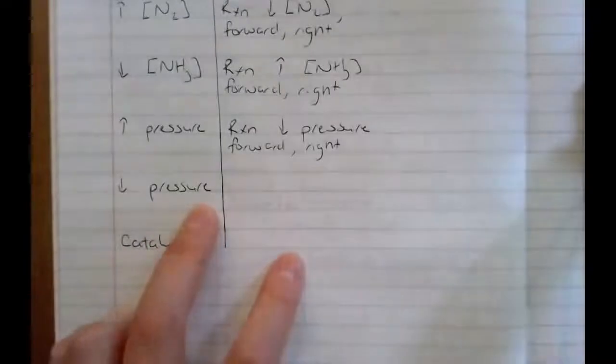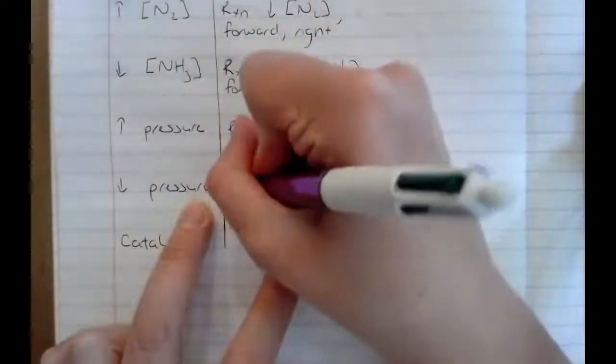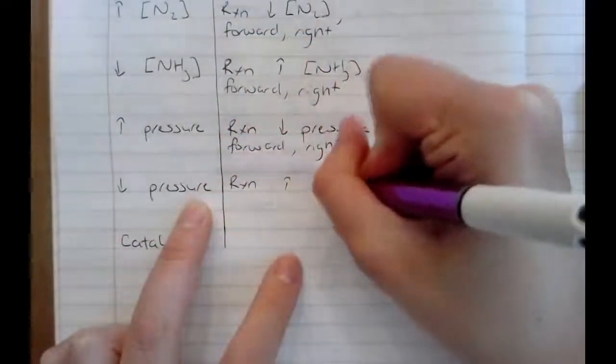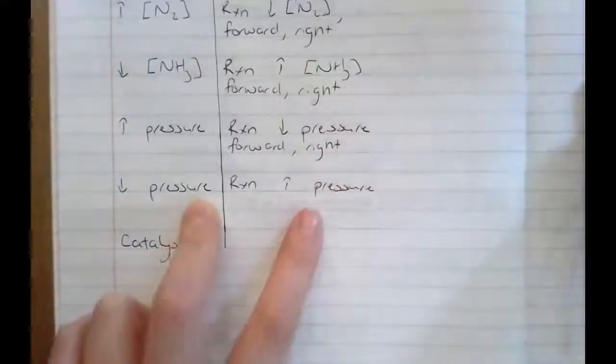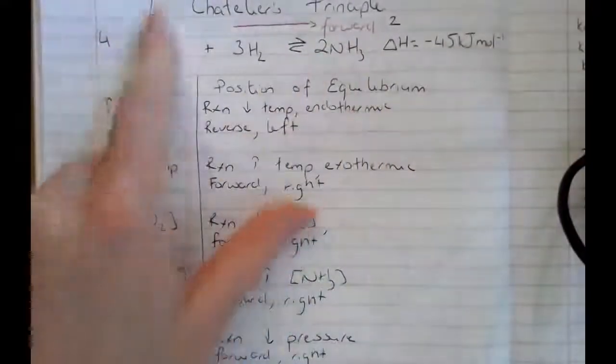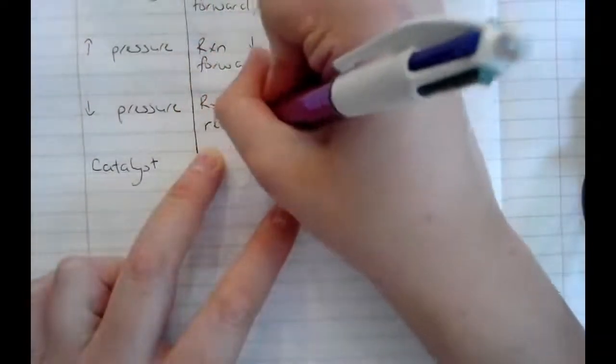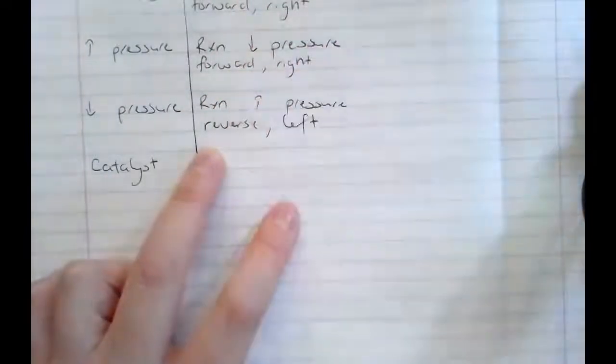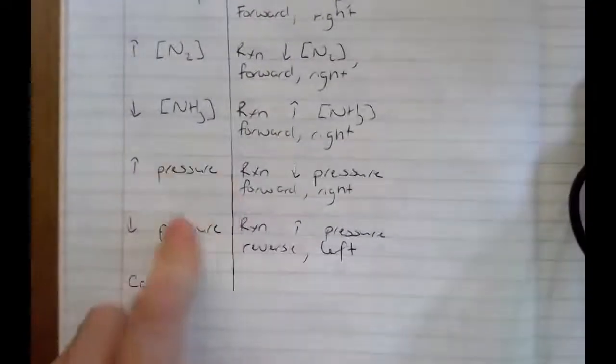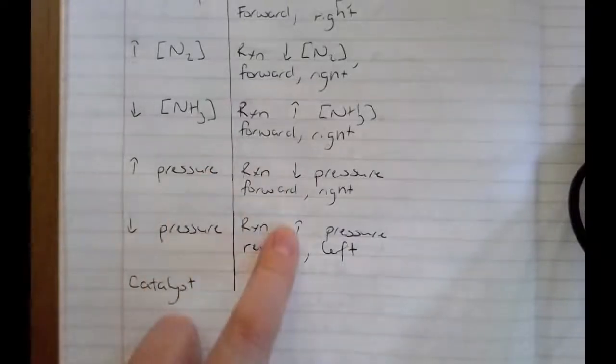And then the opposite is true. If you decrease the pressure, the reaction tries to increase the pressure again. If you're trying to increase the pressure, it will go to the side with the most gas molecules. And in this case, that will be the reverse reaction that will occur, and equilibrium is shifting to the left. This pressure effect only applies if you've got gases.